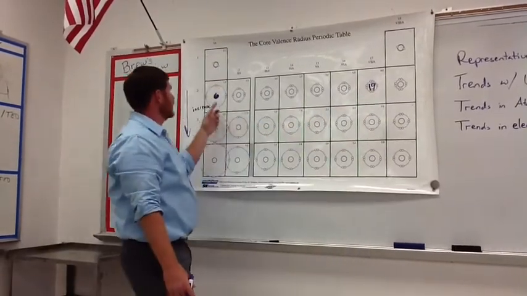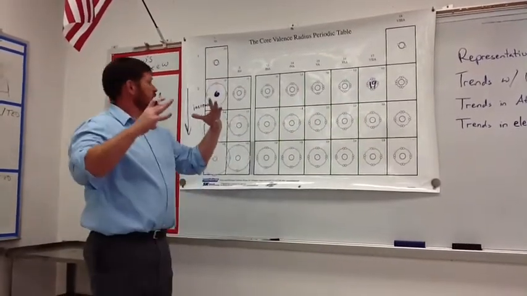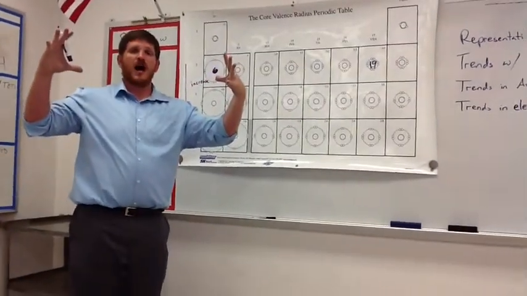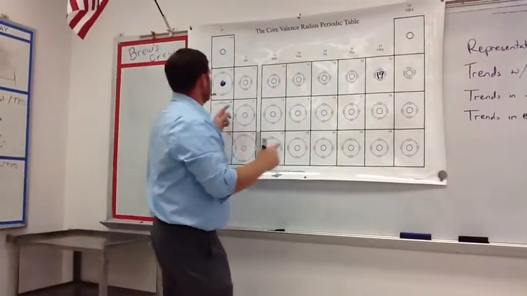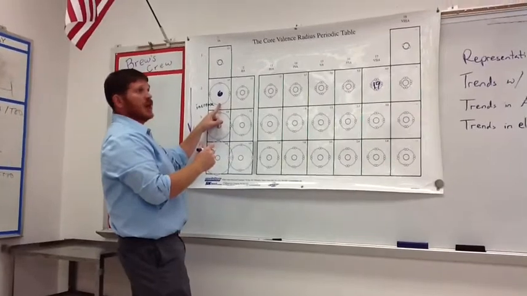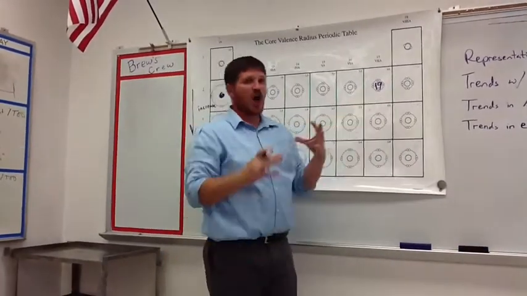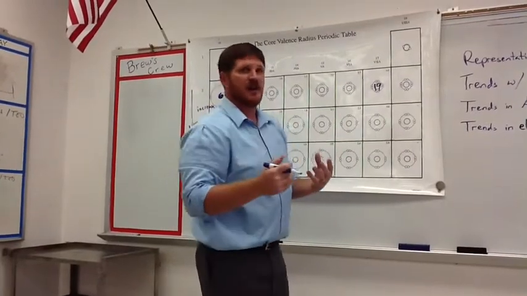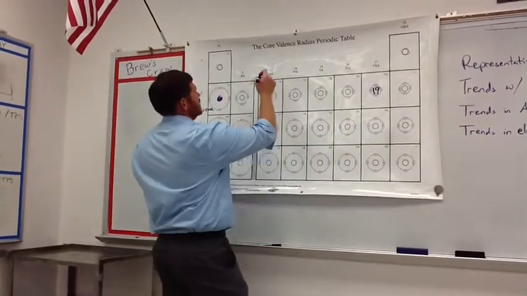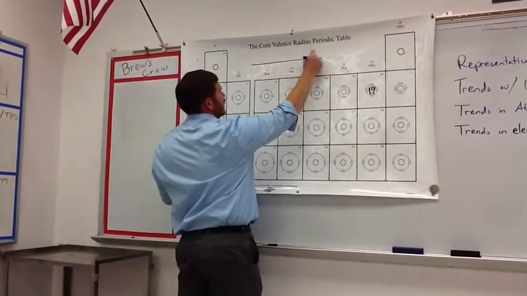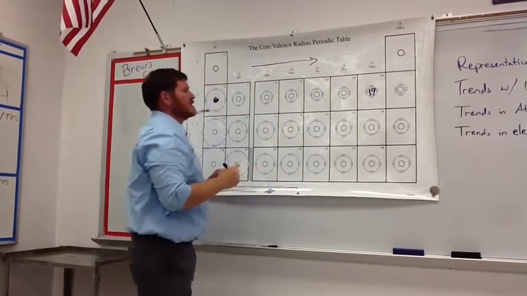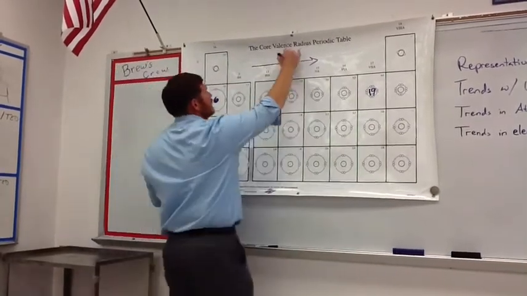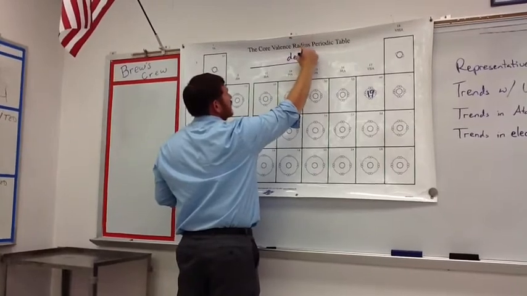So what I have here is the small one, so it's going to be wide, which makes my atomic radius large. This one has a large nucleus, so it pulls everything in tight, which makes the radius small. So our trend in atomic size is going to be, as I move across the periodic table, I decrease.